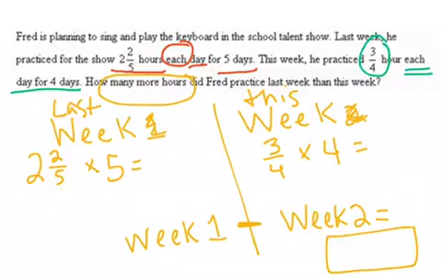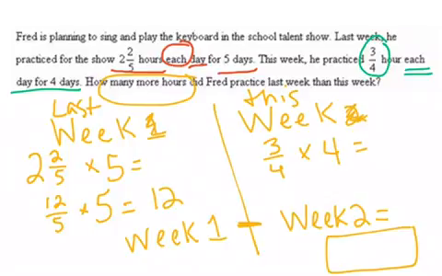And we're going to take 2 2/5 and multiply it by 5. I don't have a calculator handy right now, so I'm going to do this the old-fashioned way. I'm going to change my mixed number into an improper fraction and multiply, and I know that this is going to be 12. So week 1, I have 12 hours of practice, but again, you can use a calculator.